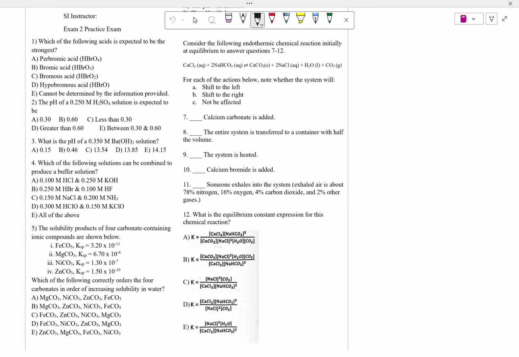But how would you know that just from looking at this? K is not just products over reactants. Wait, is that what you meant? Yeah, there are so many reactants, so that must be readily reacting, so it's not very much in there because they're reacting. You could think of it like that, but we didn't go over that.